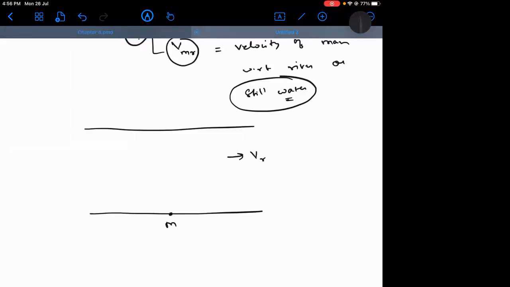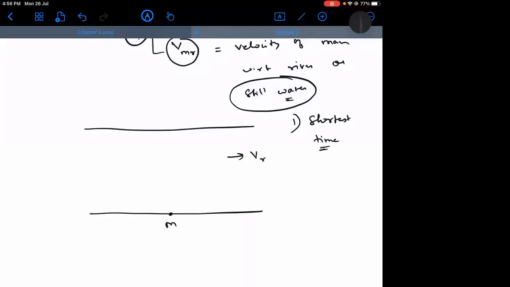Now, have the paperboard thing in your mind and think. There are two types of questions that they can ask. The first type of question is, how should the man start moving so that he reaches the opposite side in the shortest time possible?